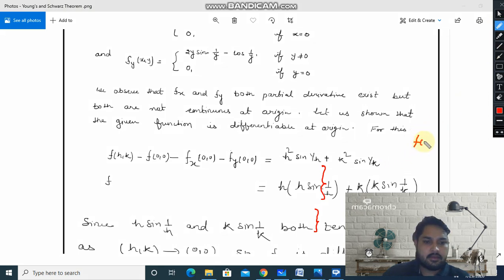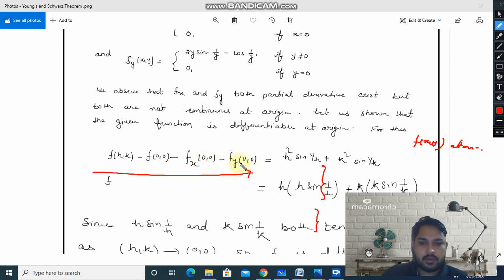So now we will prove that the given function f(x,y) is differentiable at the origin. So here first of all we find f(h,k) minus f(0,0) minus h fx at point (0,0) minus k fy at point (0,0).